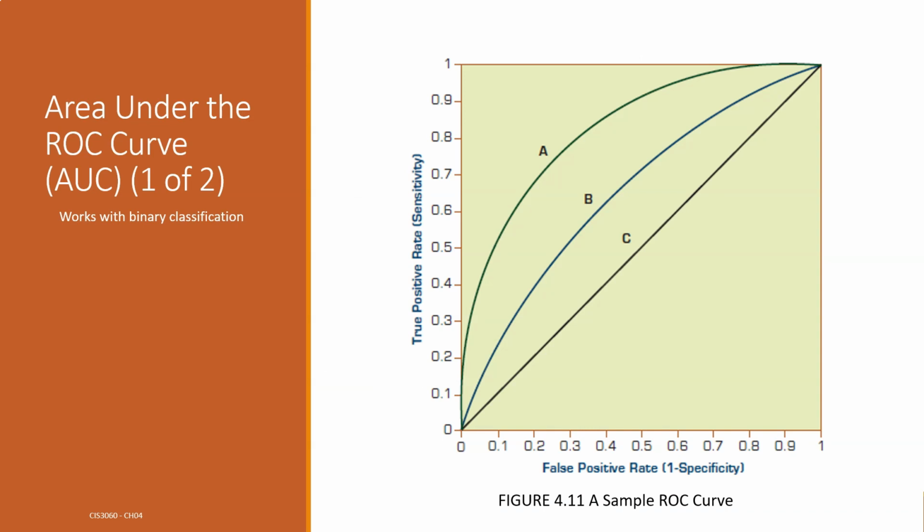Here is an example of a ROC curve, or area under the curve. Typically, the x-axis represents the false positive rate. So obviously, you would like to have something that would have a low number of false positives, and the y-axis is the true positive rate.